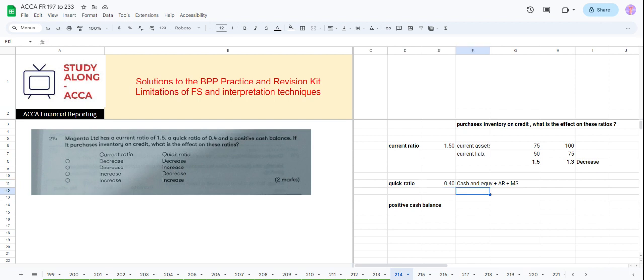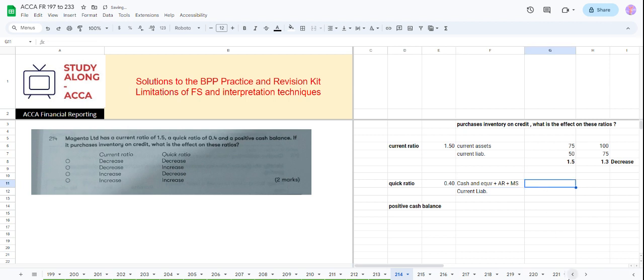So that means our cash equivalents, AR plus marketable securities, and then we divide by the current liabilities. So for example, we already have this cash equivalent, AR and marketable securities of 100, or maybe 200, and then our current liability is 50.